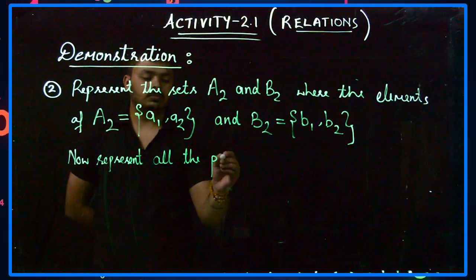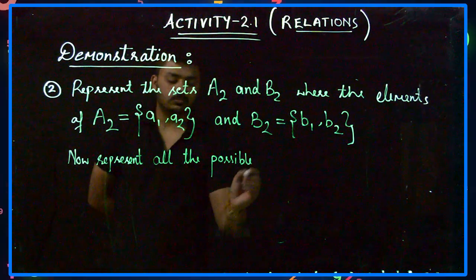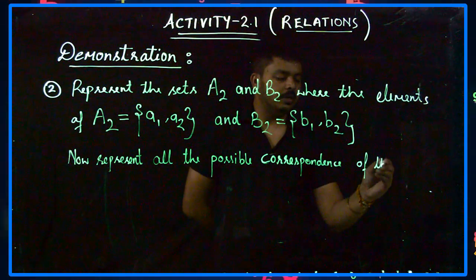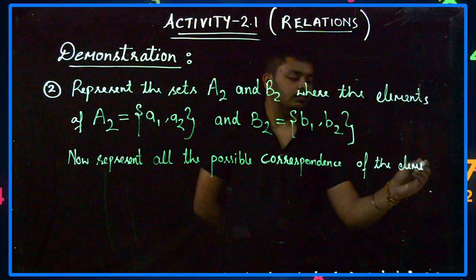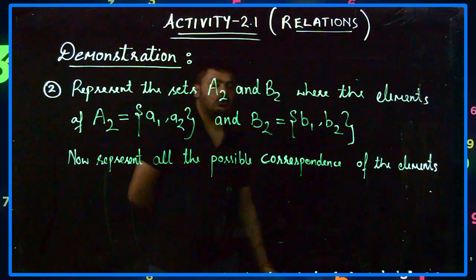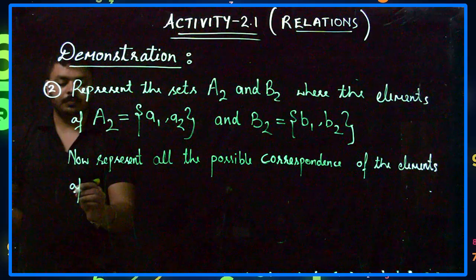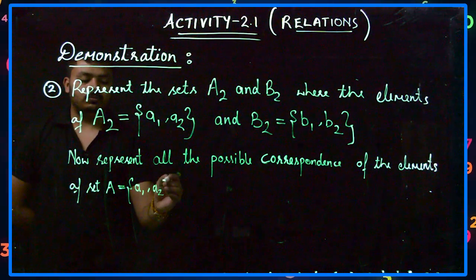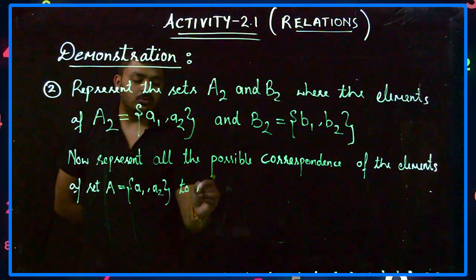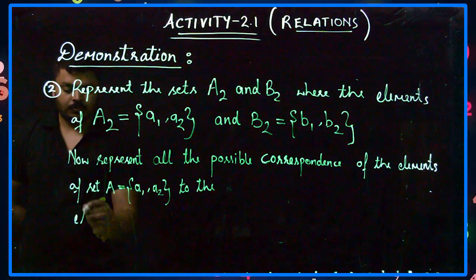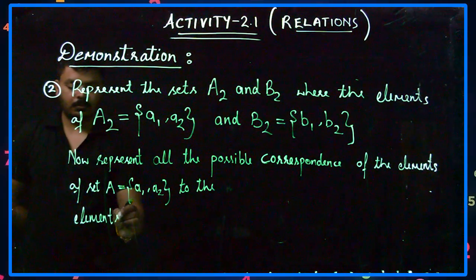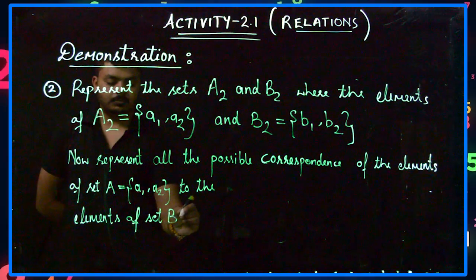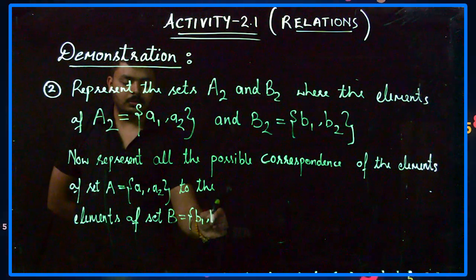Now represent all the possible correspondence of the elements of set A, that is A1, A2, to the elements of set B, that is B1, B2.